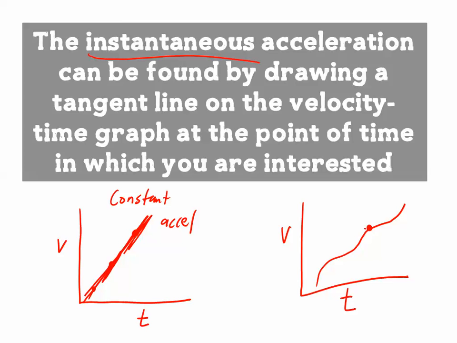Well, a tangent line, remember, is a line that only touches the graph at that particular point. So the tangent line would look something like this. Now I can calculate the rise over the run of this line, and I can obtain the instantaneous acceleration.